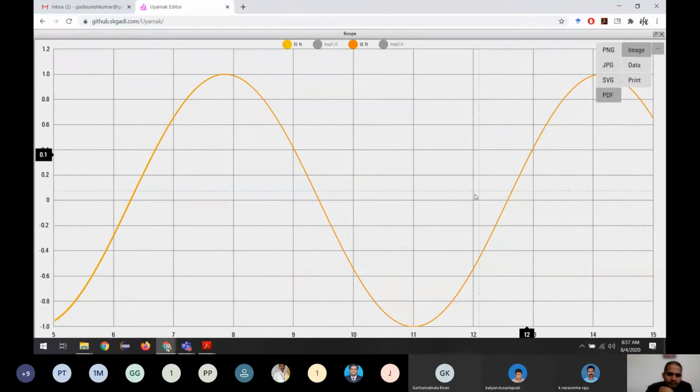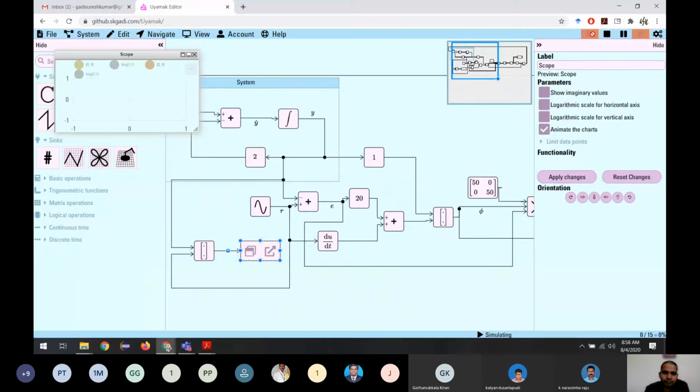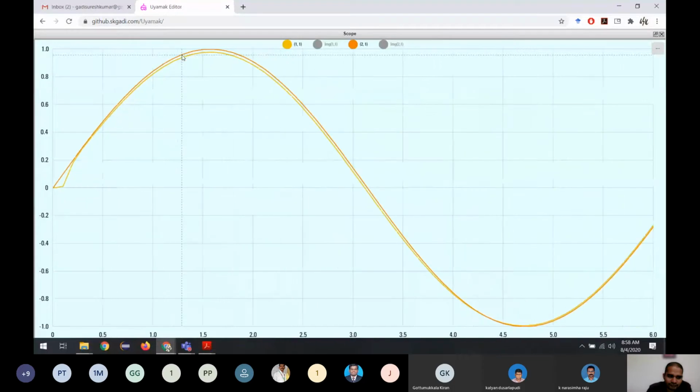It used some data, so let us not plot all the dots. Let us plot only one dot per 10 calculations and see if we can zoom it.